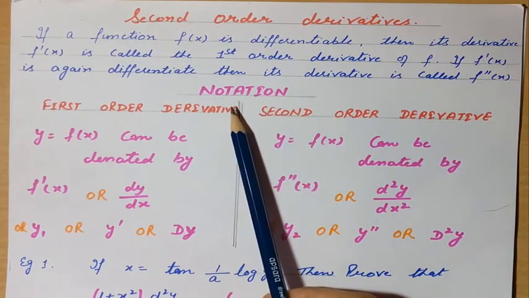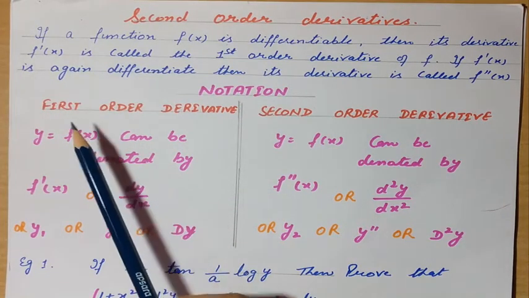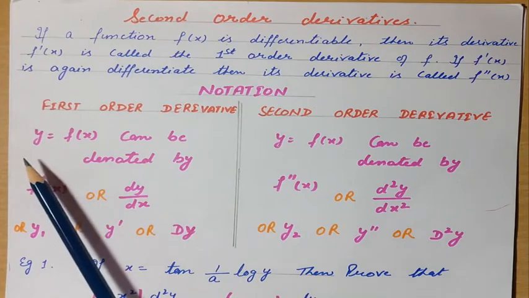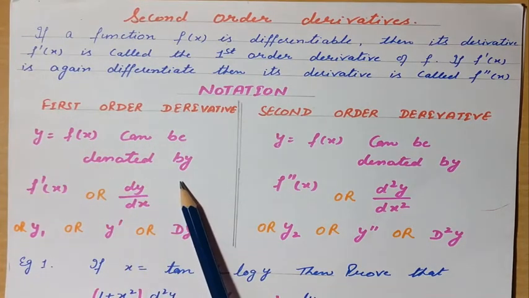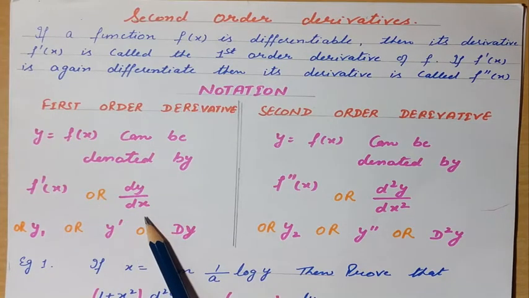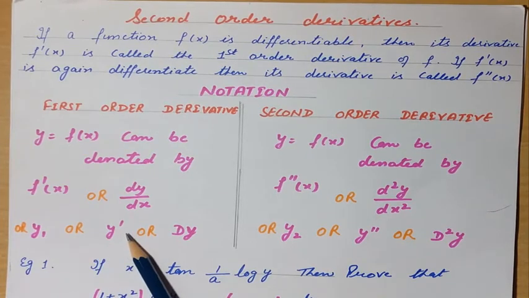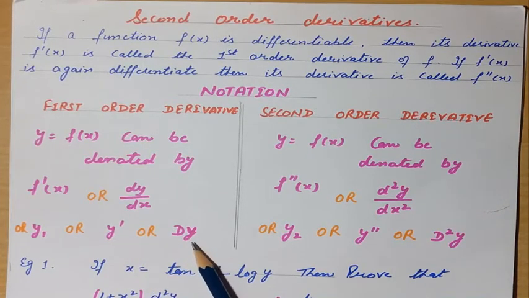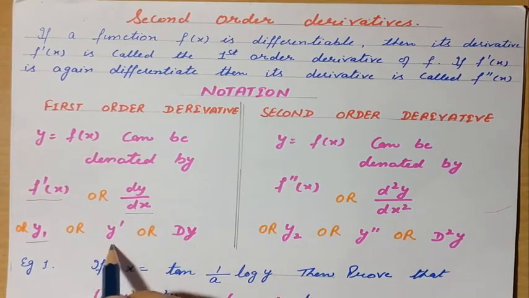Now, there are many ways to represent it with symbols. For the first order derivative, y = f(x) can be denoted by f'(x) or dy/dx or y1 or y' or Dy. These are all notations for the first order derivative.